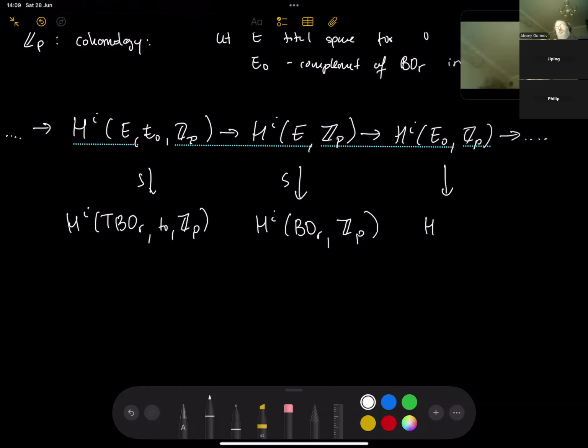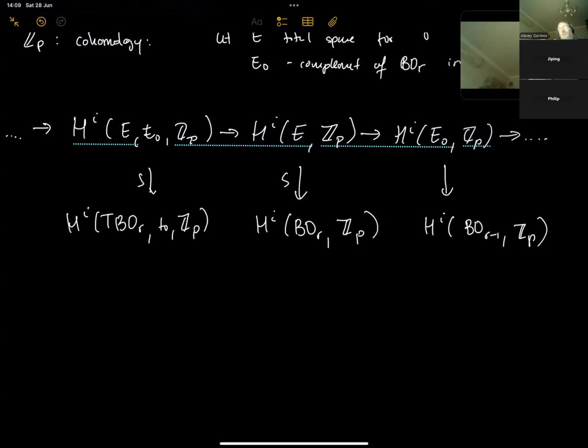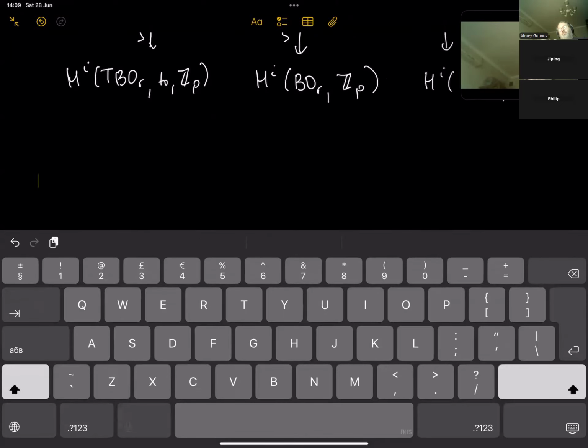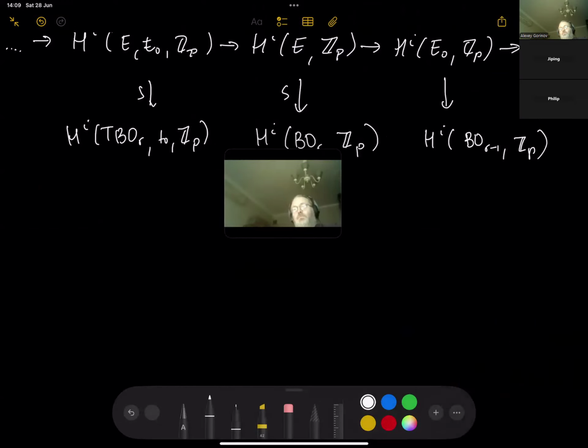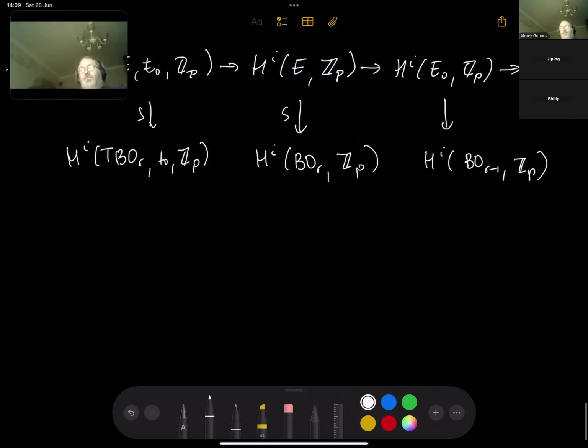And then this is BO(R-1) in Z/p cohomology. What this map is, well, we take an R-plane P through the origin, and a vector v in this plane.